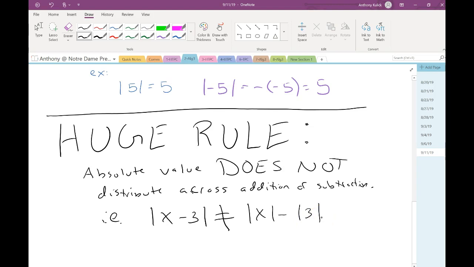So, huge, important rule to keep in mind. Absolute values do not distribute across addition or subtraction. By distribute, I mean if I have the absolute value of x minus 3, that is not the same thing as the absolute value of x minus the absolute value of 3.